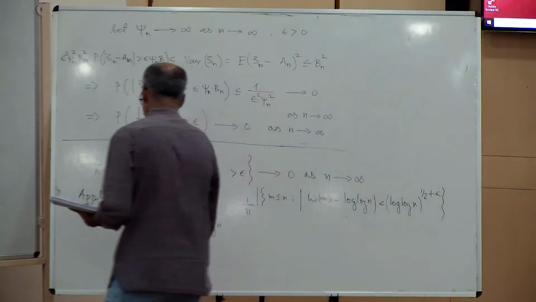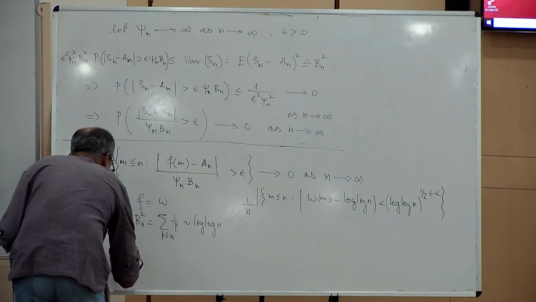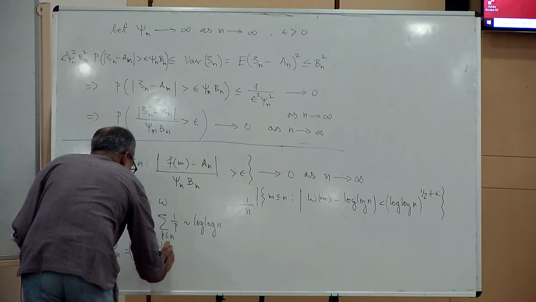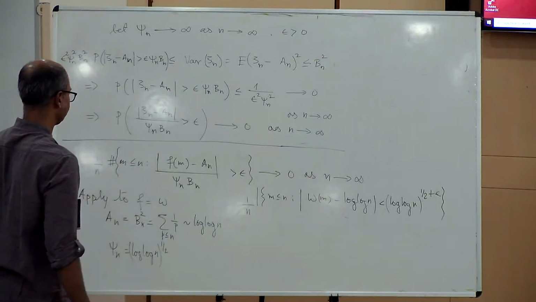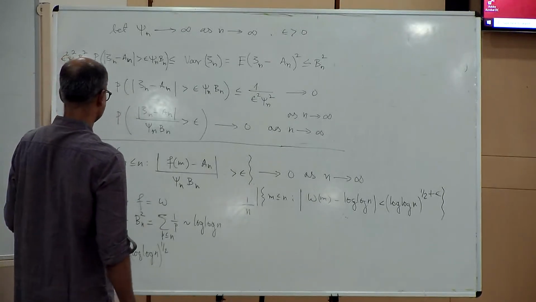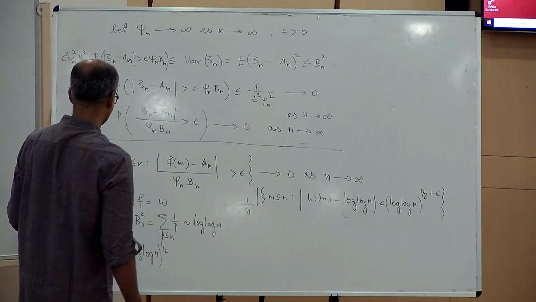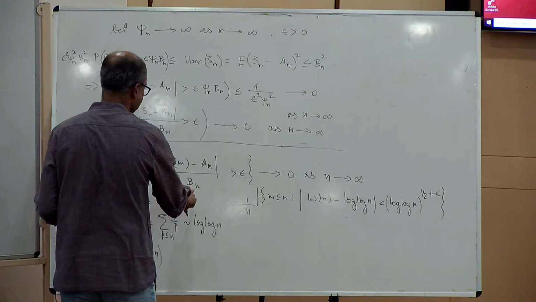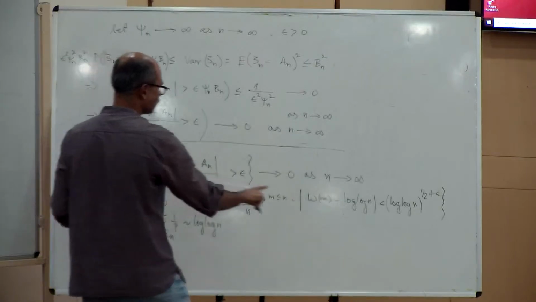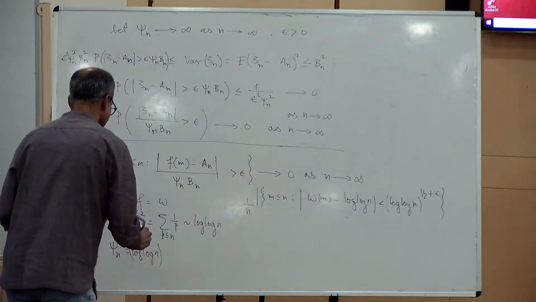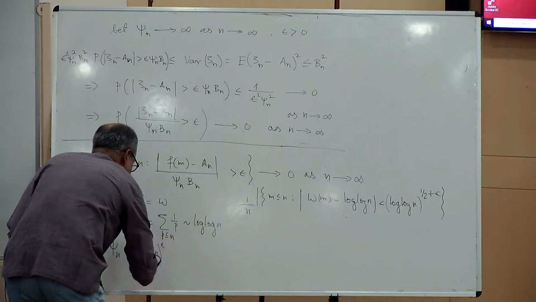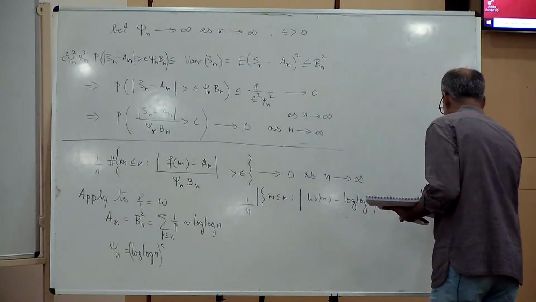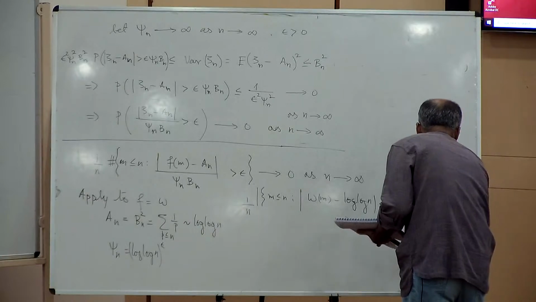Also, I am taking psi n to be log log n to the epsilon. The half comes from this: b n square is log log n, so log log n to the half comes from b n. So, this is the epsilon, and this goes to 0.